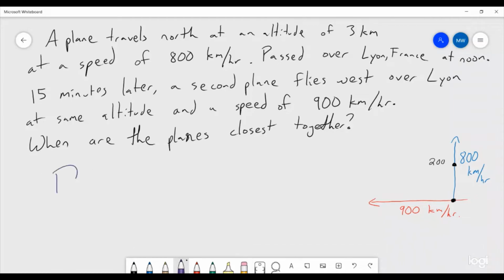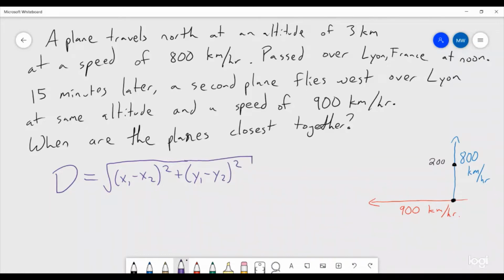So we can say that the distance d can be represented in terms of their different positions. So it's going to be equal to the square root of, if we just do the distance between 2 points, x1 minus x2 squared plus y1 minus y2 squared, under the square root.